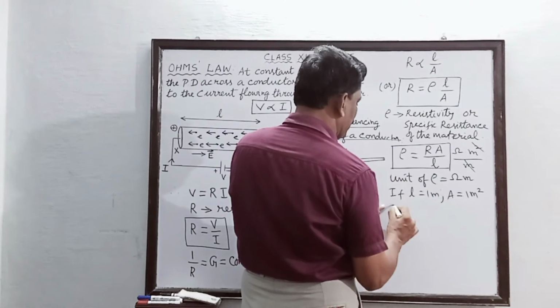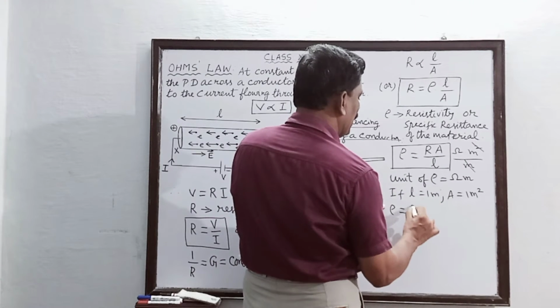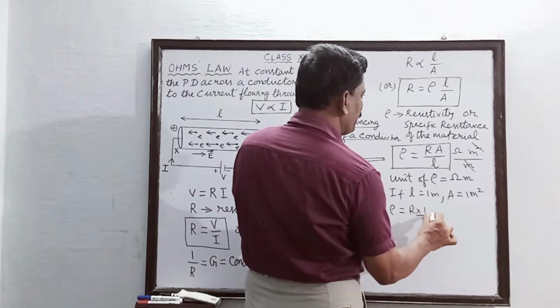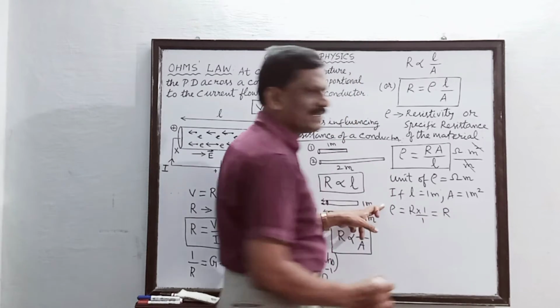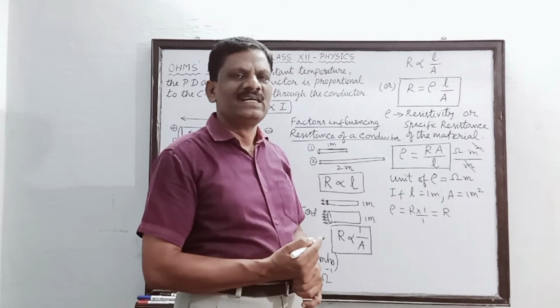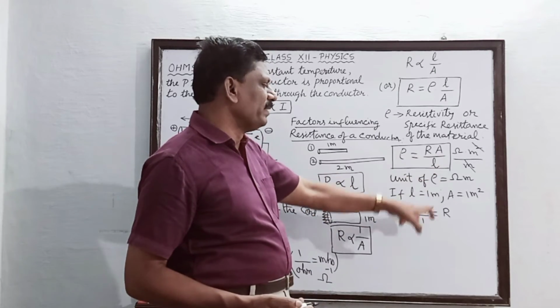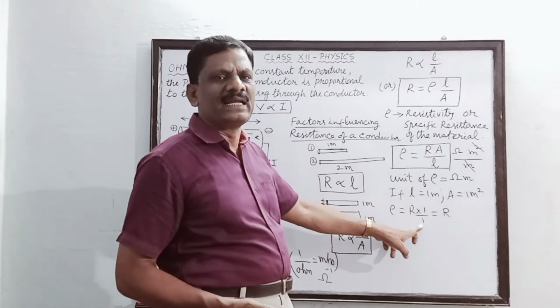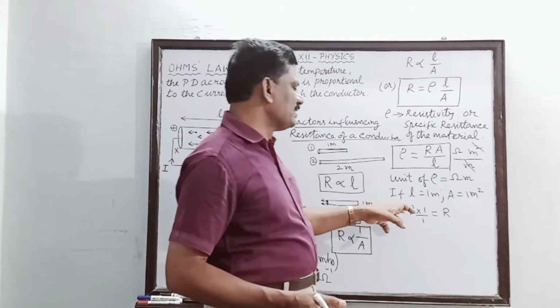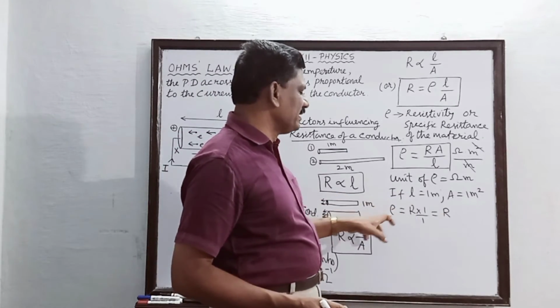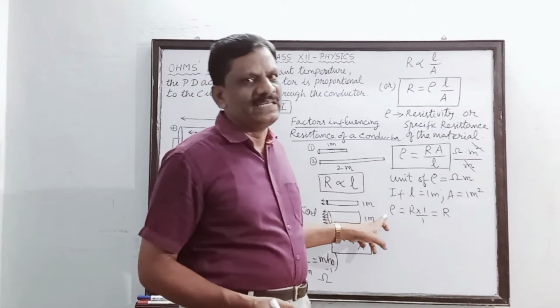If you substitute, rho is equal to R into 1 divided by 1. This is equal to R itself. Is it not? So when the area of cross section is 1 meter square and the length of the wire is 1 meter, then the resistance offered by the material is equal to its resistivity.